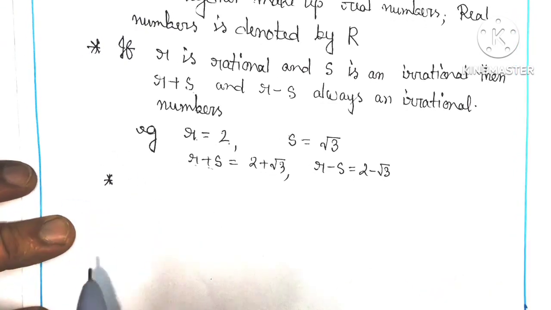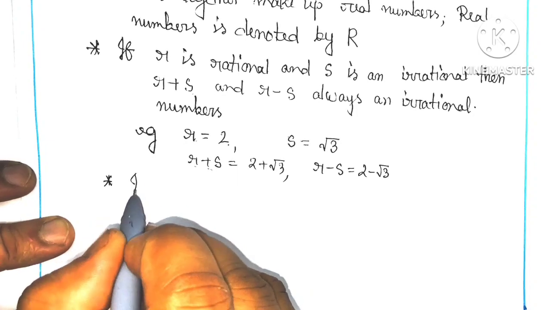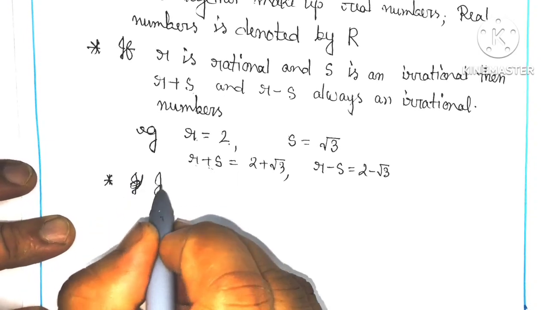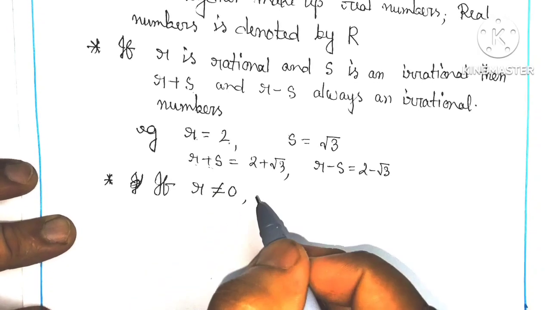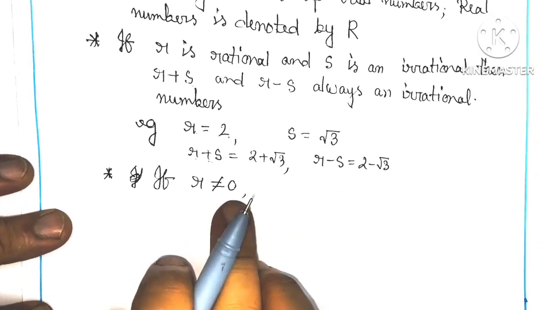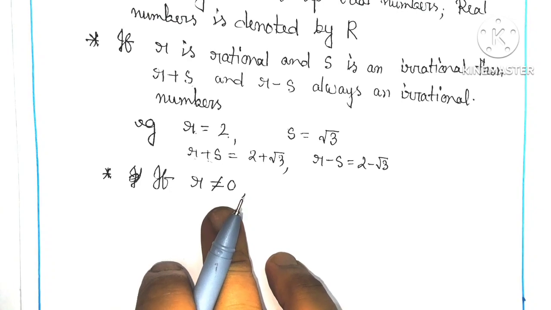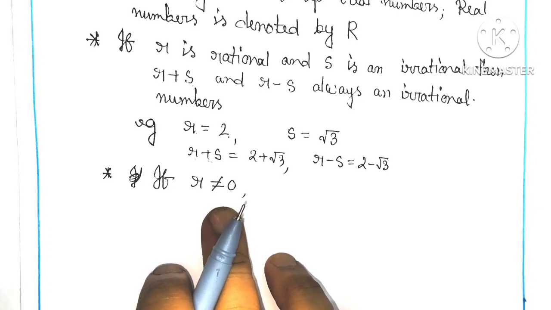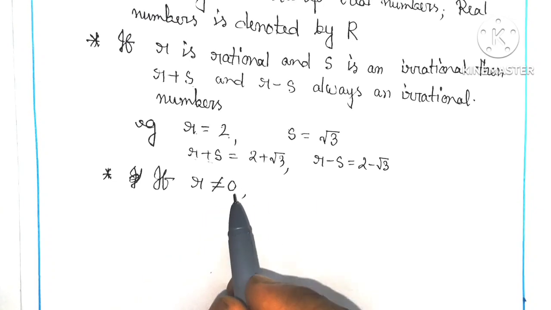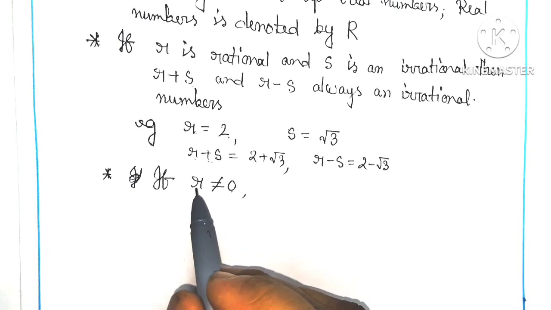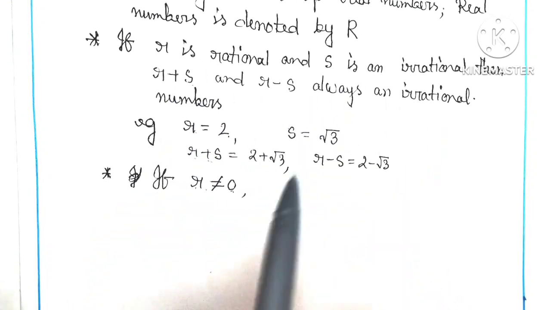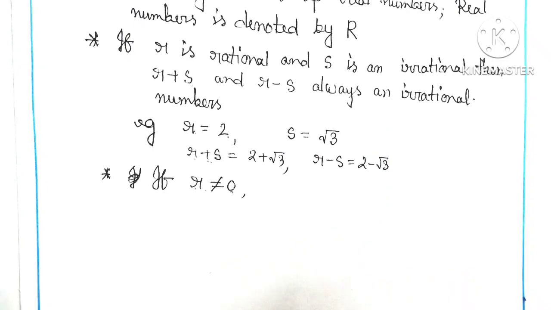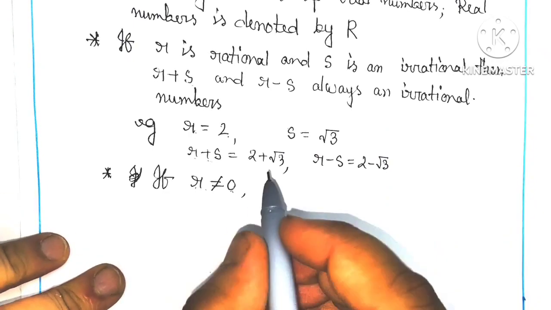Again, next, if R is not equal to 0. Suppose R is a non-negative integer. 0 is a rational number, and 0 multiplied with any number is always 0. If R equals 0, then the product of R and S will be 0, which is a rational number, so it is not possible.